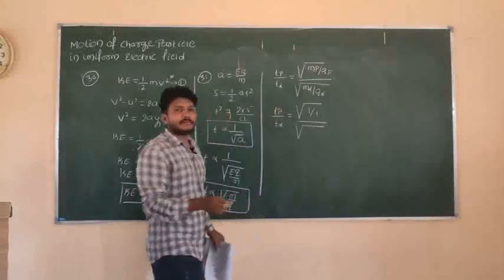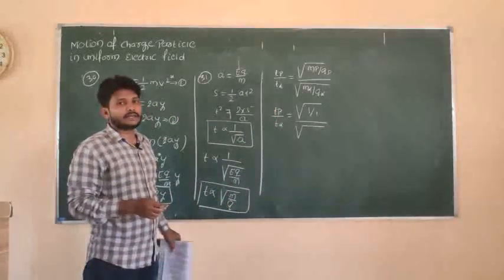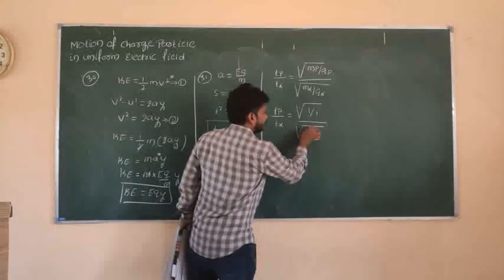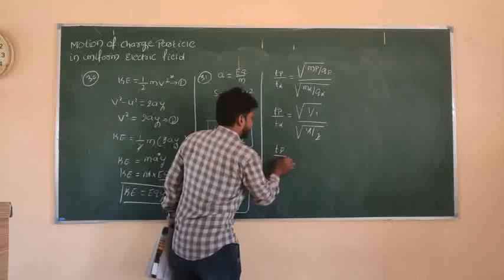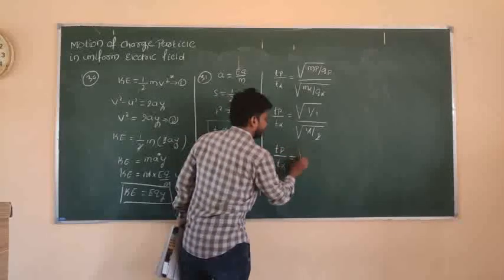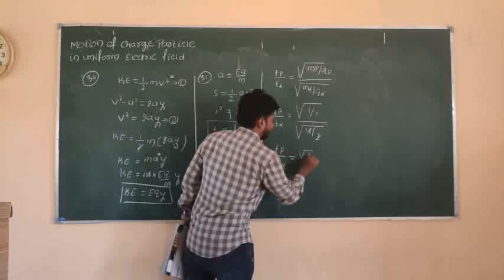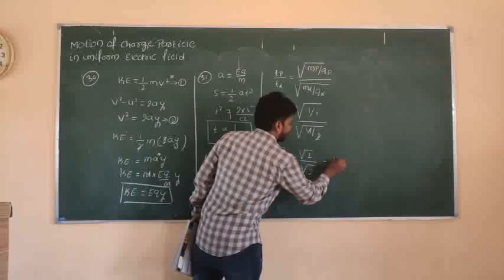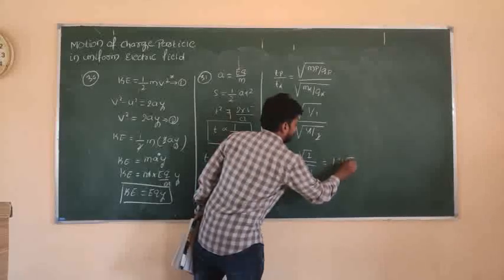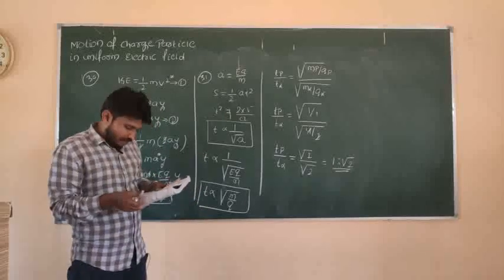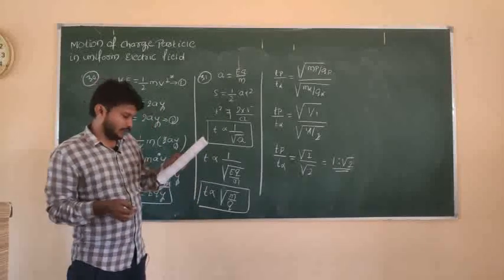What is the mass of the alpha particle? Helium, mass number is 4 and charge is 2. So the time of flight for proton and alpha particle is square root of 1, which is 1, to square root of 2. So 1 is to root 2. What is the ratio here? The ratio of time of flight is 1 is to root 2.